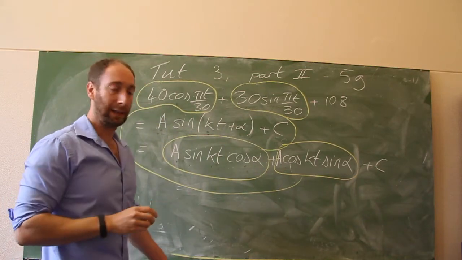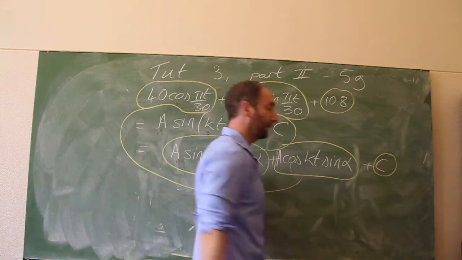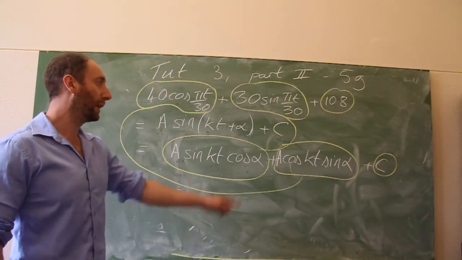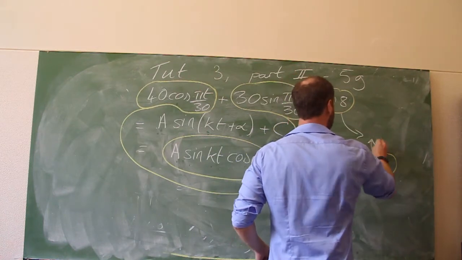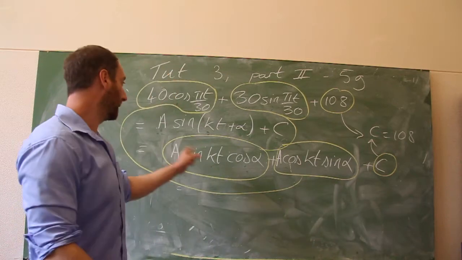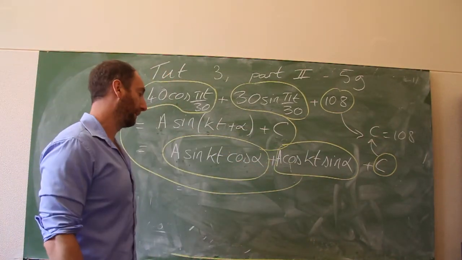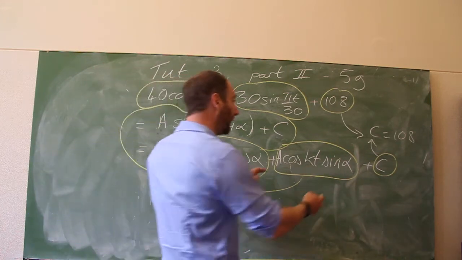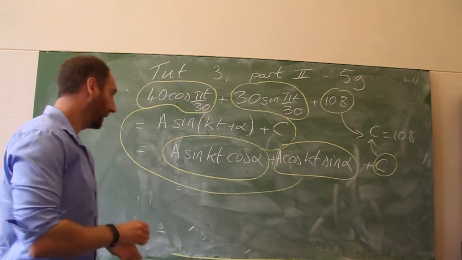Then finally we've got 108, and we've got a constant here. So straight away we can equate c with 108. C equals 108. If we make c equal to 108, then this expression is already looking quite a bit like that expression.